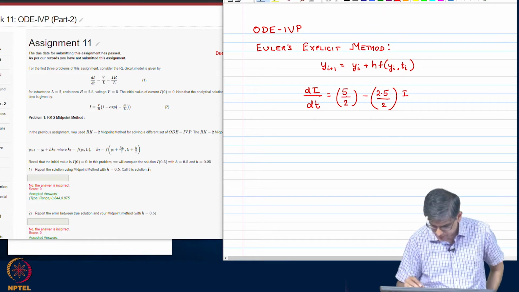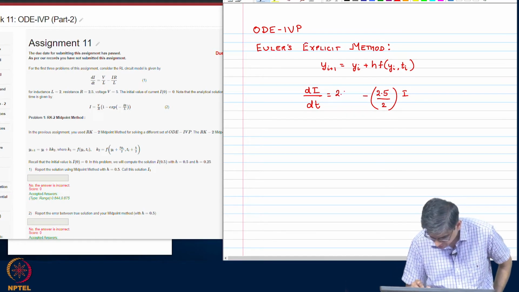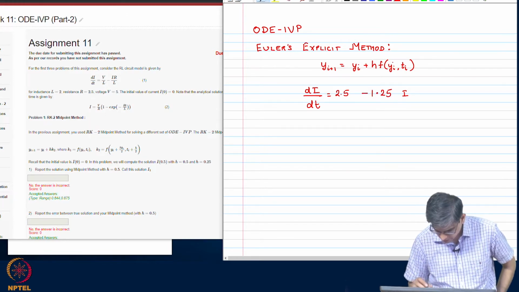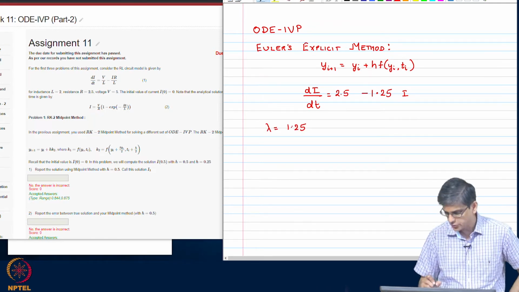So I will put the values here, and the value here is 2.5. The lambda over here is 1.25.